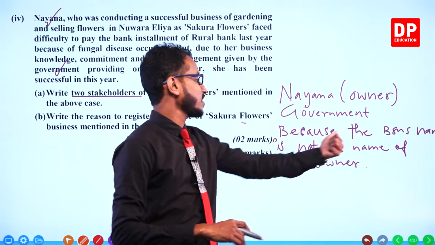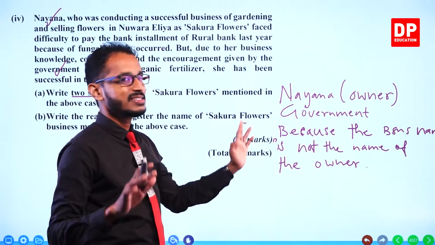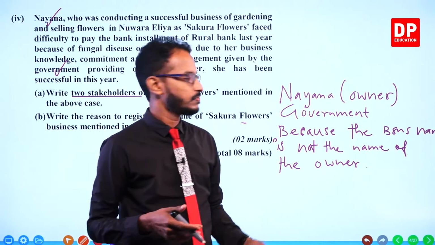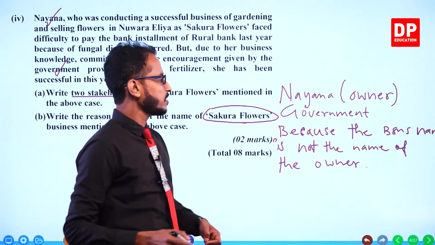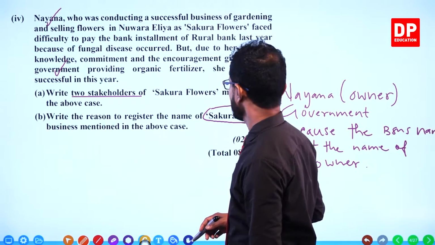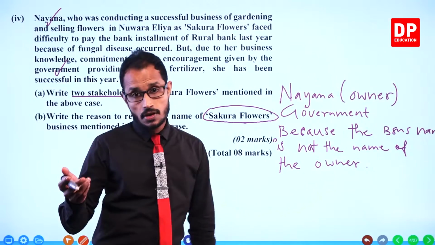Or the business is conducted by a different name other than the owner's name. Sakura. Got it? Okay, simple questions, children. Very simple. Done. We are done with the second question.